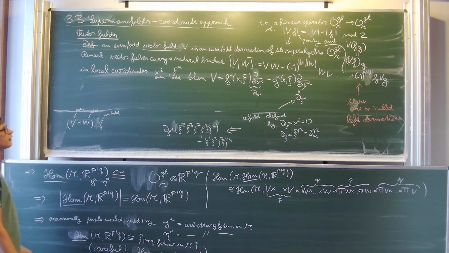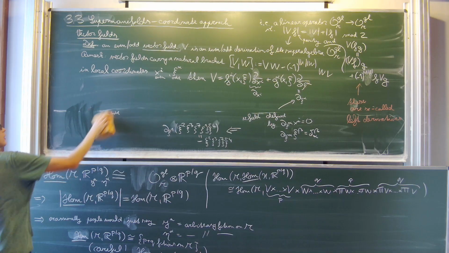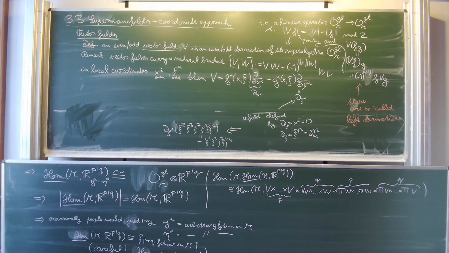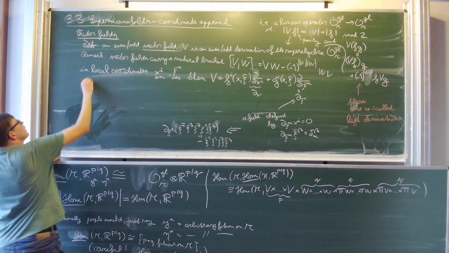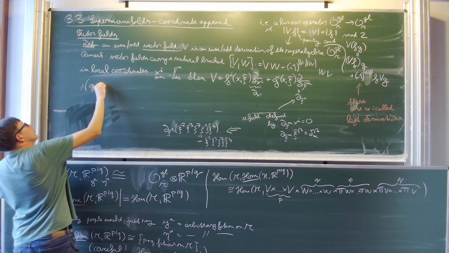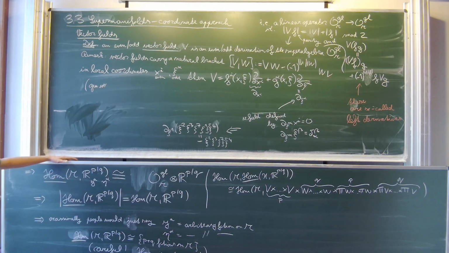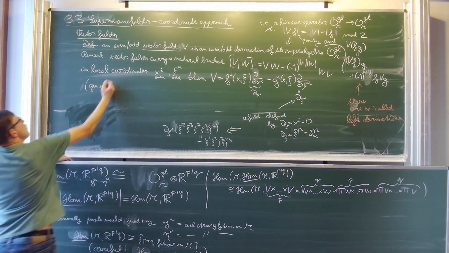Okay, thanks, that's a good point. But here I want to allow a general vector field, although it's true that I won't really need it. All of them will always be homogeneous, so let me maybe not say that.